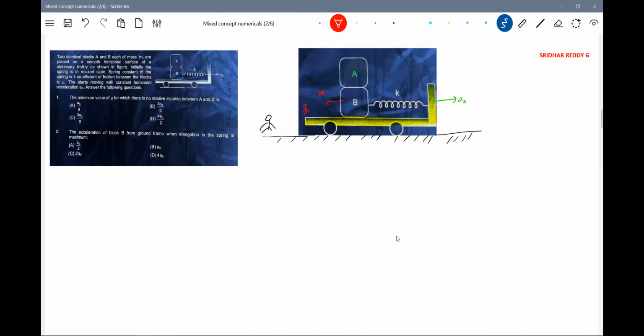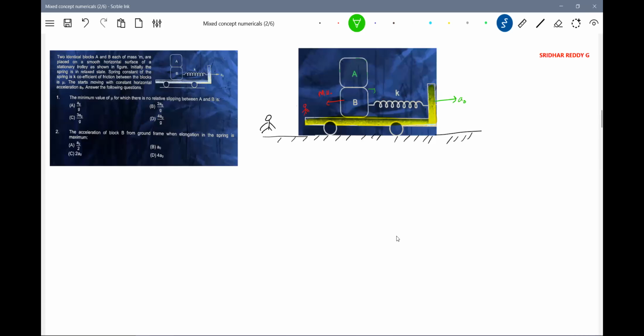Each of mass m, so ma naught, I'll write it. Then the spring will get elongated. Initially, what actually happens here? There'll be friction, because the moment you accelerate, the spring is at natural length. Then the pseudo force will make the block B move towards left. Then the block A will oppose, so there'll be some friction.